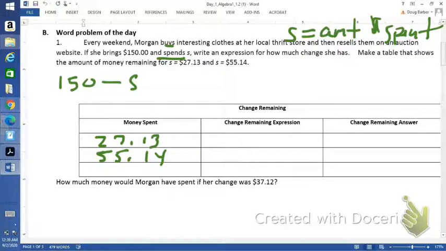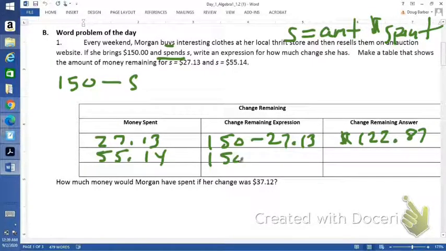So we're going to plug those two values in for S. So 150 minus $27.13, $27.13. So $122.87 for the first one there, and then 150 minus $55.14.